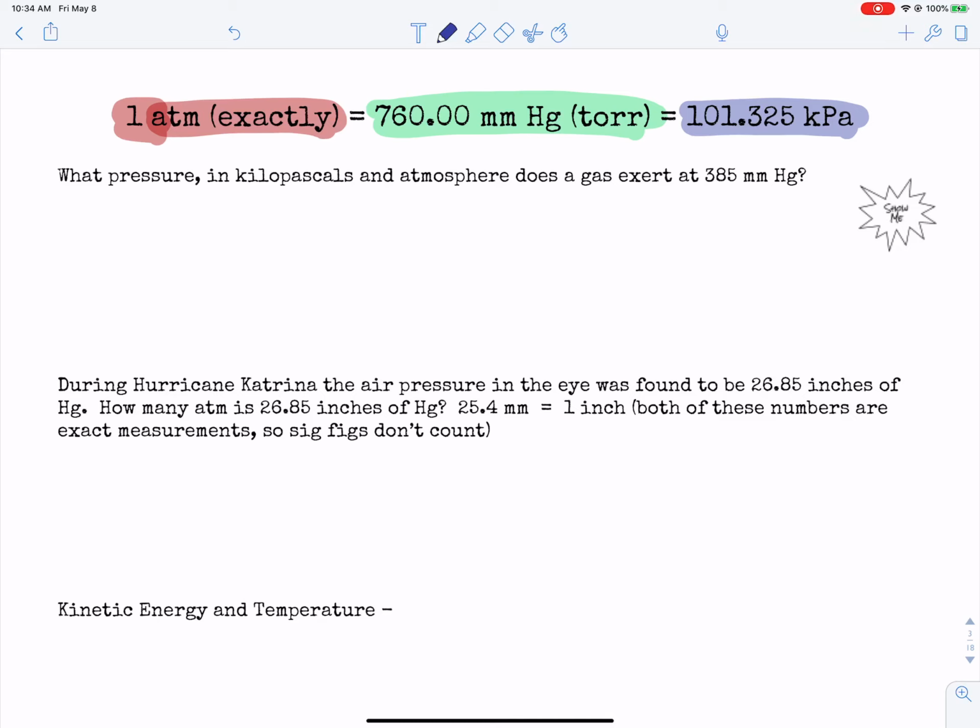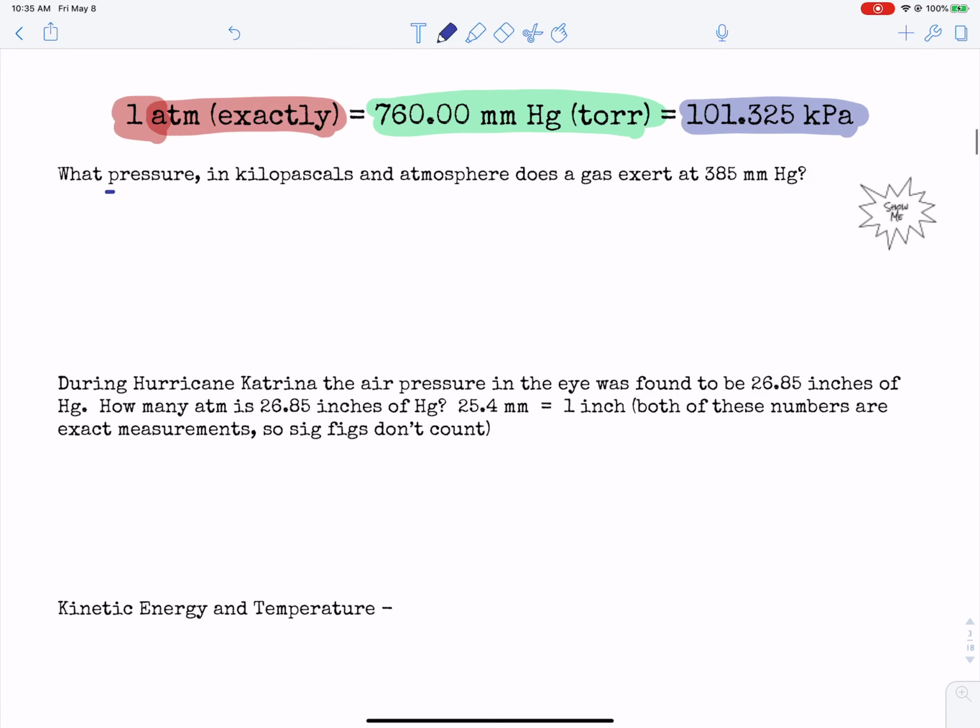So we're just going to have a few questions here where we go from one unit of pressure to another unit of pressure. The first one says, what pressure in kilopascals does a gas exert at 385 millimeters of mercury?